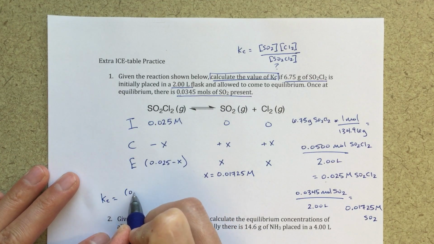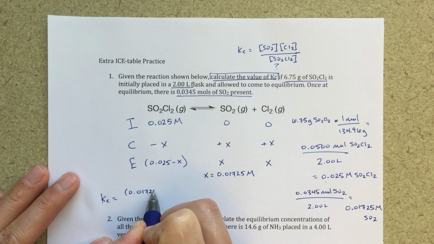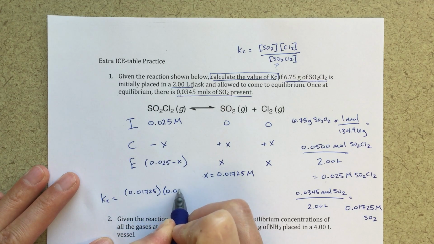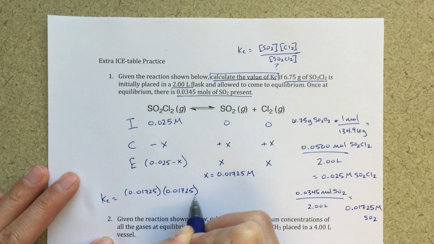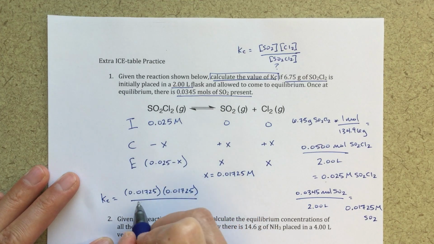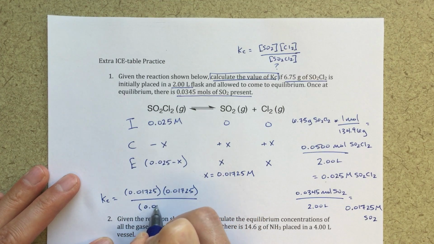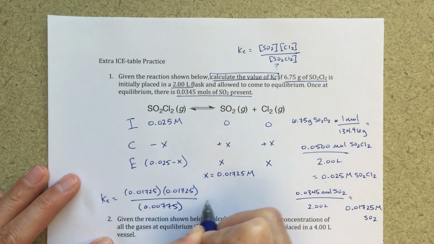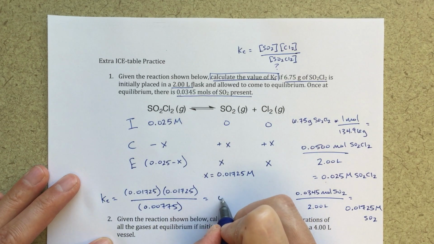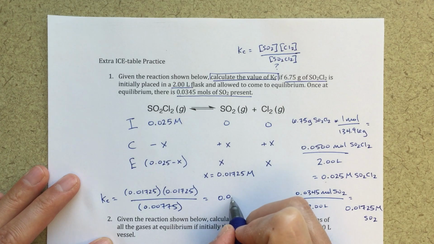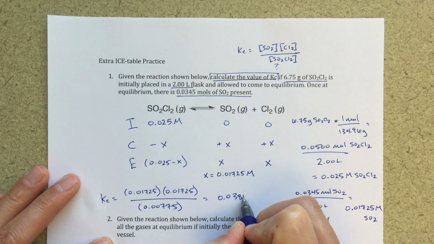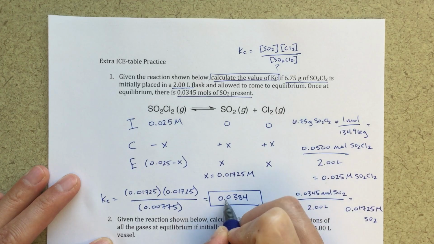That's going to look like 0.01725 times 0.01725, all over 0.00775. I do this simple calculation and I get a Kc value of 0.0384. So that is my final answer there.